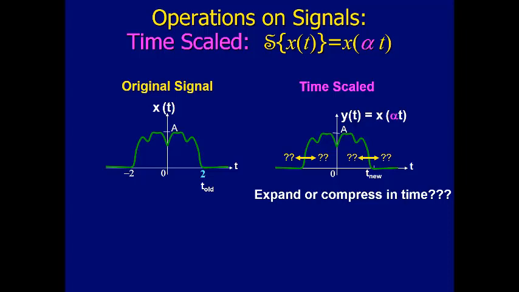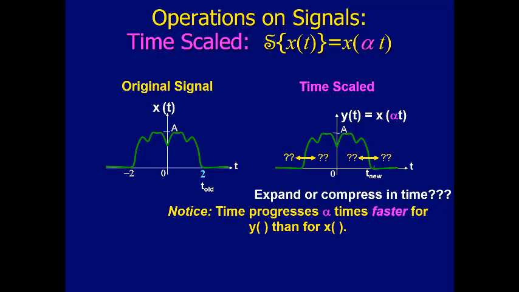So now we have to ask the question: if x of t is as shown, and y of t is a new function that's a time-scaled version of that, x of alpha times t, is that a compressed or an expanded version of the waveform x of t?